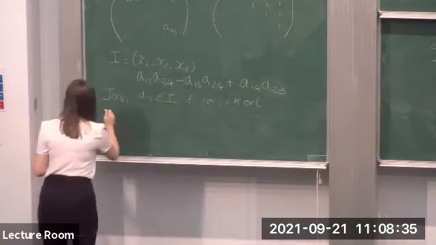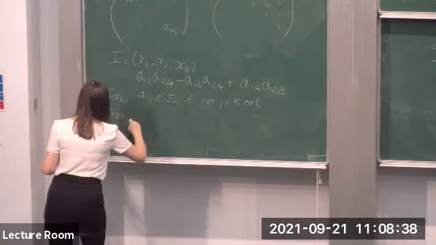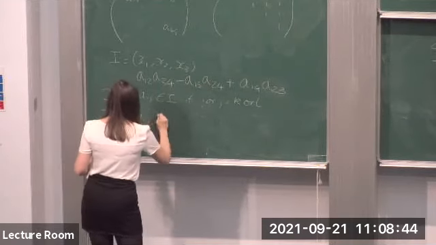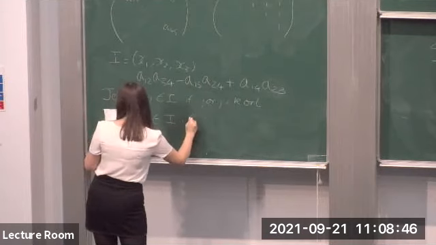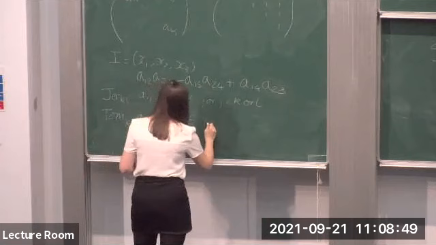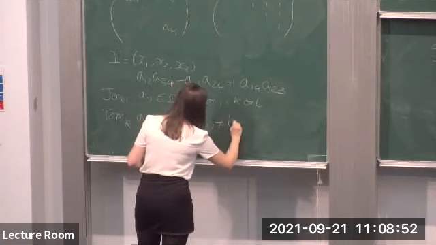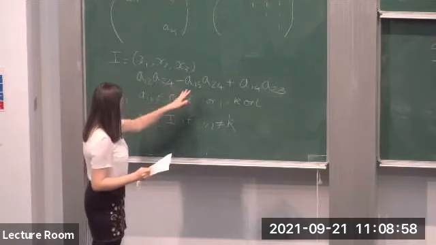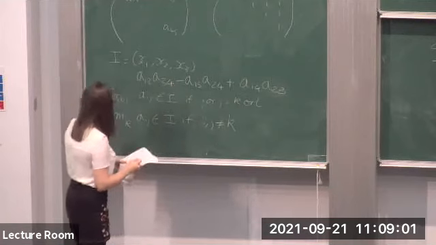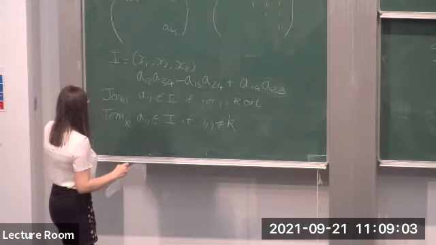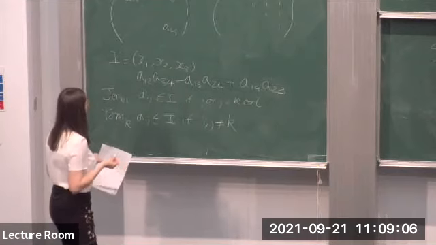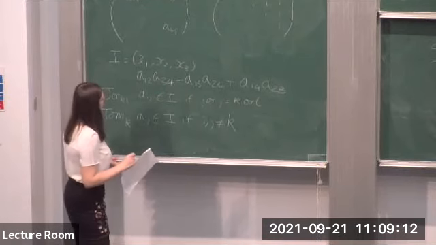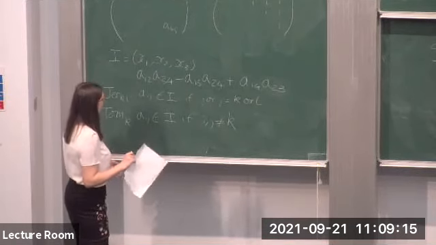And I'm going to define Tom K as the element Aij in I if i and j are not equal to k. And so you can see with this Pfaffian, there are no indices repeated. And so that means that both of these possible formats lead to all Pfaffians lying in our ideal I. So those are the two possible ways of constructing this matrix.